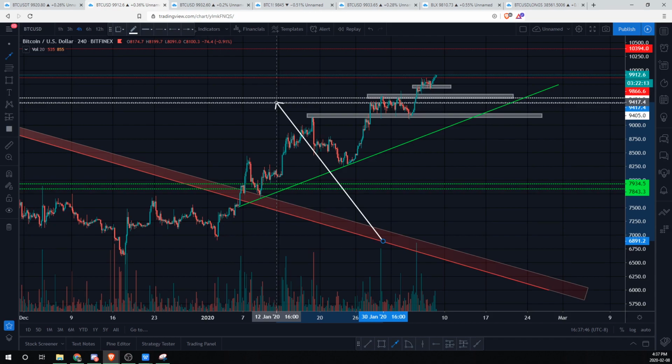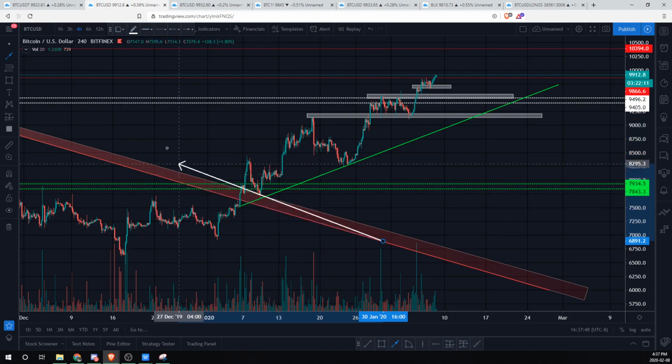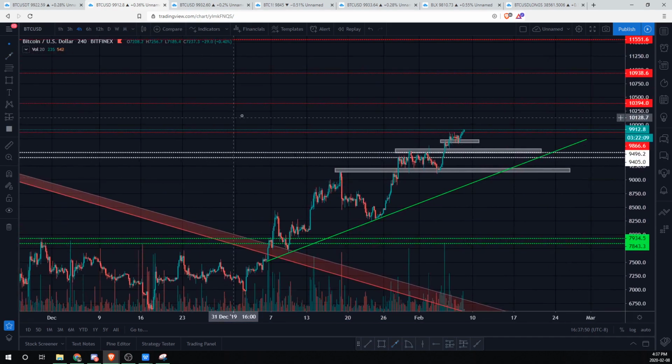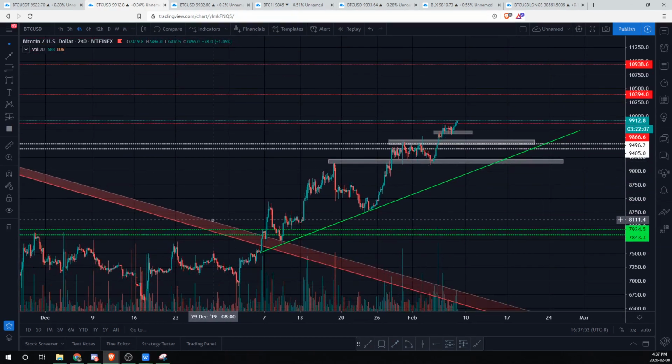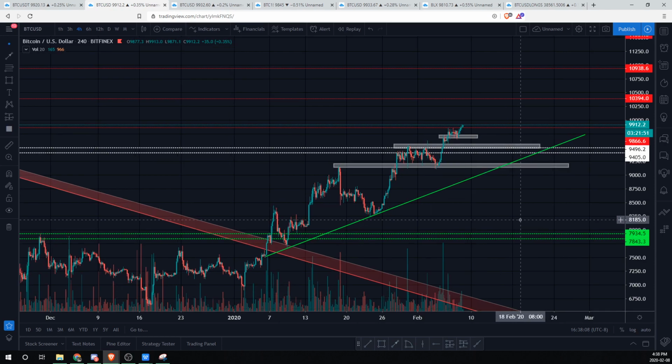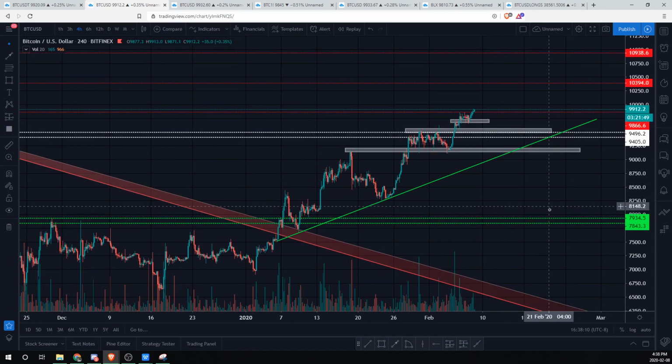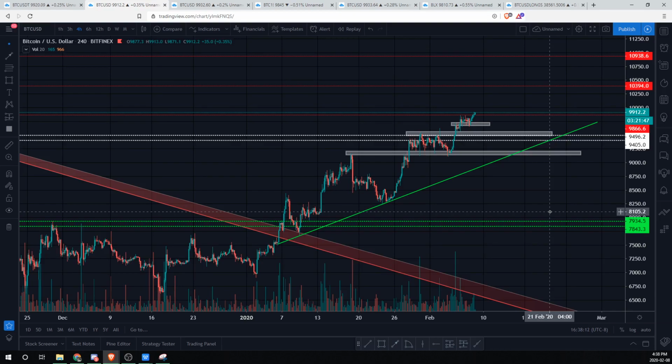We use horizontal dotted lines, which represent the supply zone, which is red, the demand zone, which is green, and then the white is the mid-range zone, which is both a support and resistance. And obviously, these demand and supply zones are just support and resistance. They're just zones of sensitivity, basically. So that is the overall analysis for BTC.